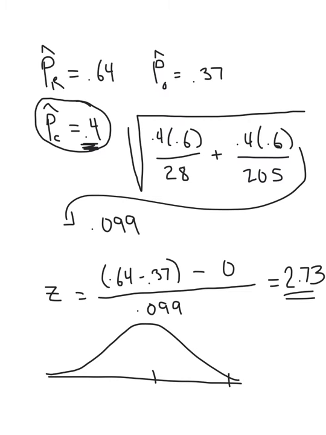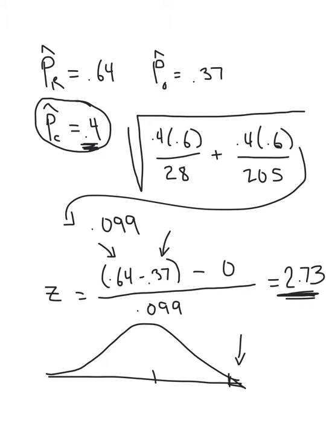So what is the probability that we would get a number bigger than 0, like that? So essentially we're saying, the fact that we got these two very different proportions, what is the probability that that would happen? That's that probability right there. So what we need to do is normal CDF for 2.73.